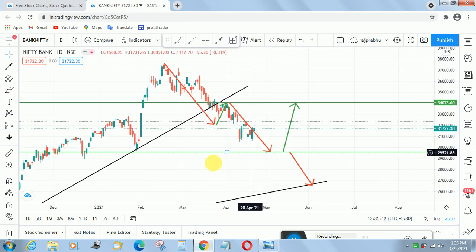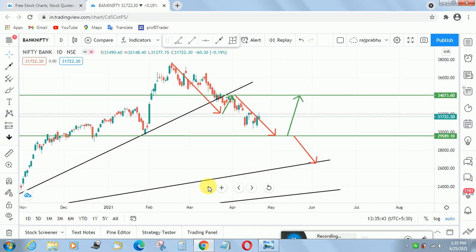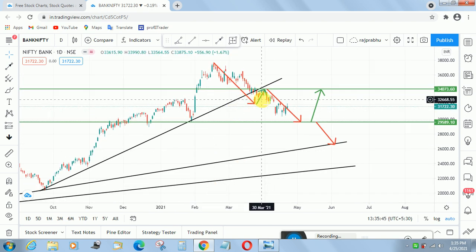Okay, very simple. In Bank Nifty the trend is already broken, exactly it broke on the 24th, sorry, yes, March 24th, I think.